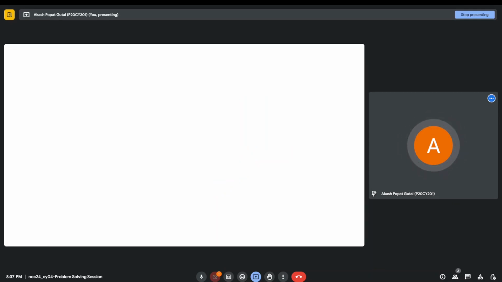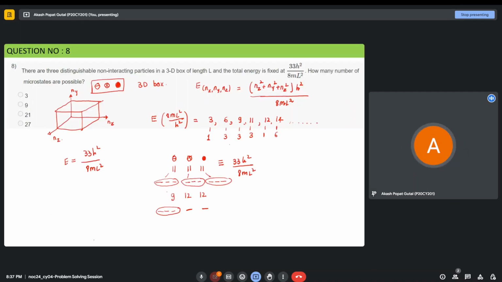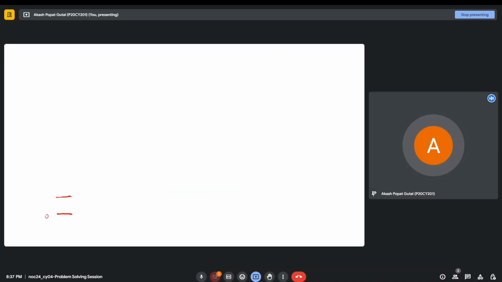We'll have energy levels in such a way that, let's say, the ground state is 0. Then 3, which has multiplicity 1. Then 6, which has degeneracy 3.